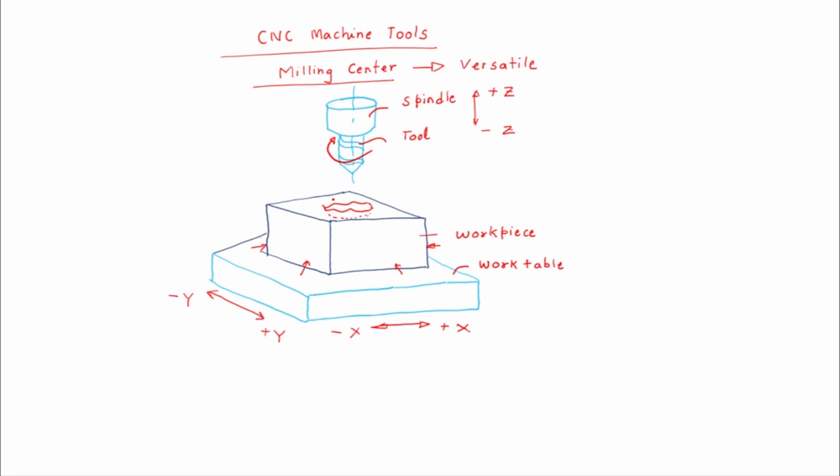Well, to get a variety of features, we need to utilize a variety of tools. In CNC machine tools, we are using a variety of tools which are mounted on a system that we call the tool umbrella, or we may have a magazine where multiple tools are stored.